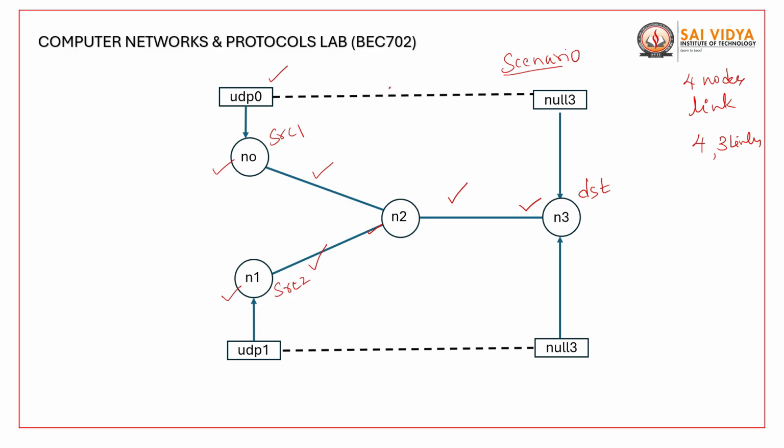So there is a logical connection established between this UDP and null. In order to generate the traffic, we need application here. So CBR0 and CBR1 are attached to the agents here. CBR is nothing but constant bit rate. Now we have 4 nodes, 3 links with agent and application scenario here.